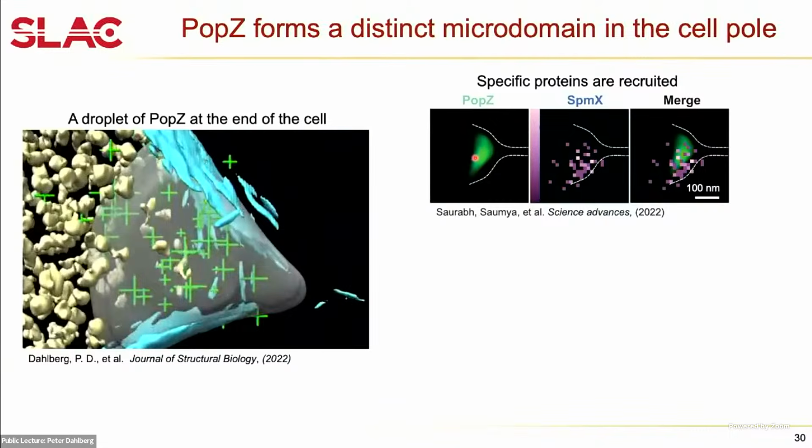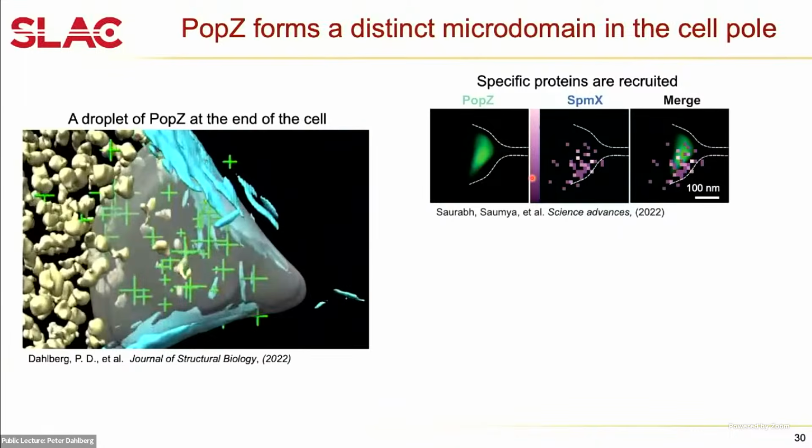So this droplet of POP-Z shown in green is bringing in other proteins, and these proteins bring in other proteins. Now we have many different proteins that are going just to the specific region of this POP-Z droplet. And inside that droplet, they're performing chemical reactions together, they're interacting, and that's leading to chemical gradients throughout the cell.